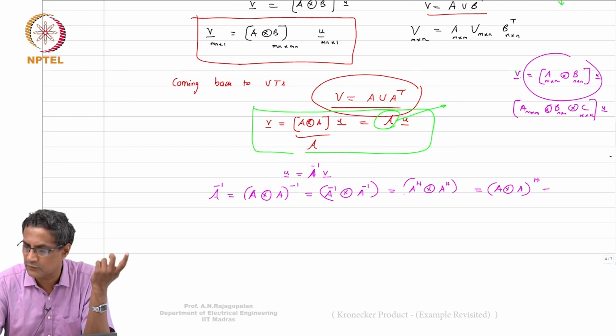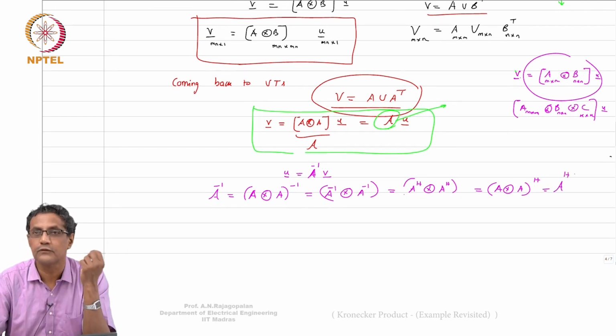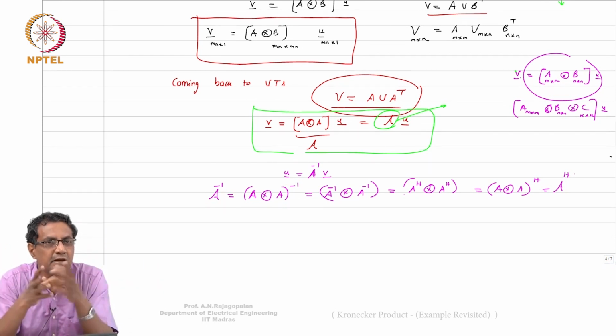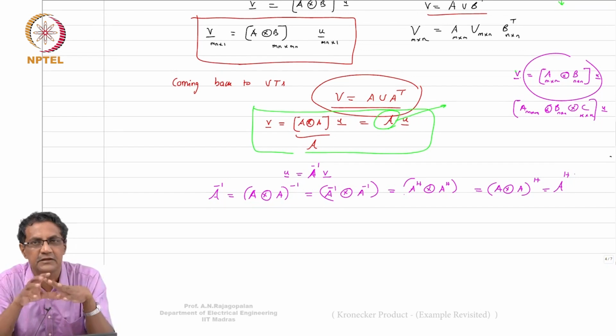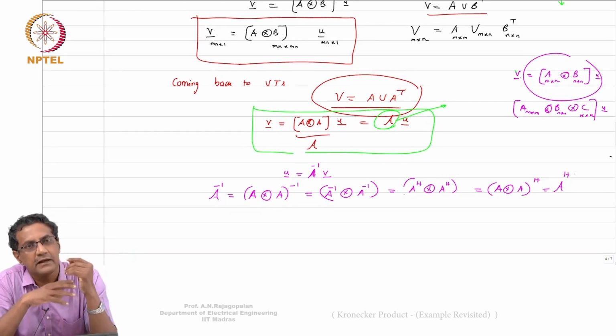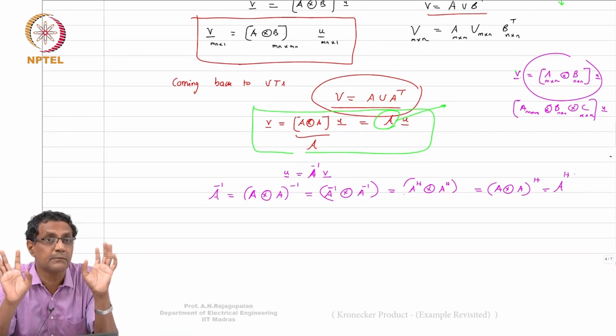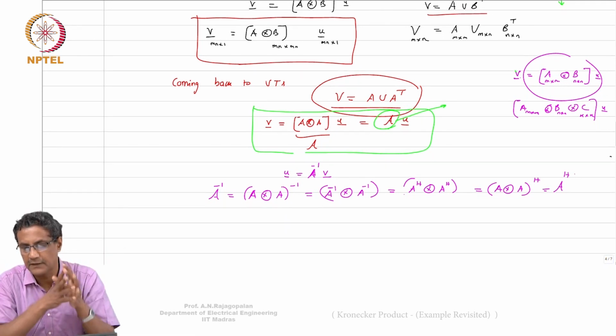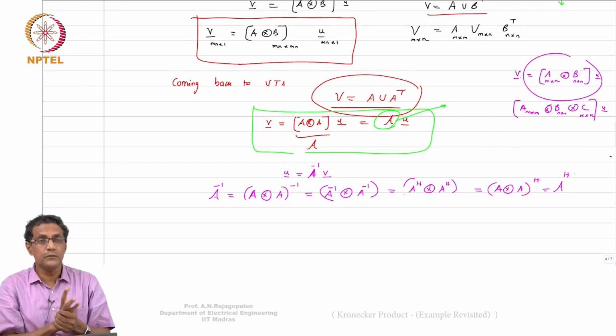But A Kronecker A is script A. So whatever happened there suddenly seems to be happening in a very straightforward way here. Just as A Hermitian was the inverse of A, script A Hermitian is the inverse of script A. So of course script A inverse exists, and you can solve for U.